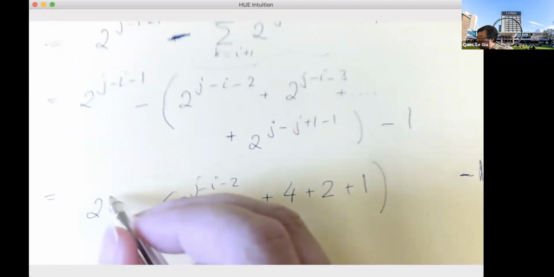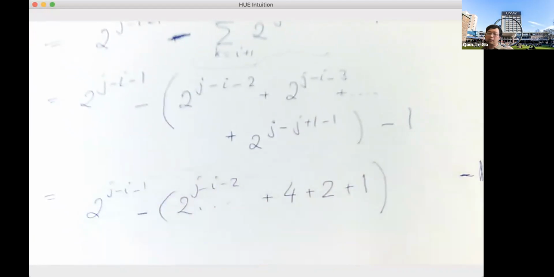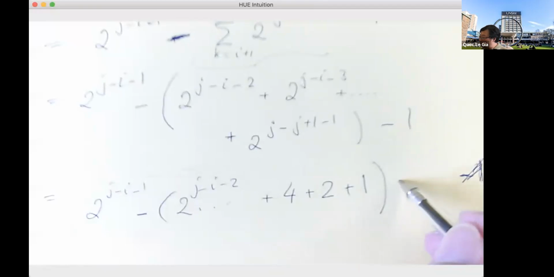Okay, so you have outside just 2 to the J minus I minus 1. Okay, and this -1 just comes down from here. Maybe erase this here, -1.